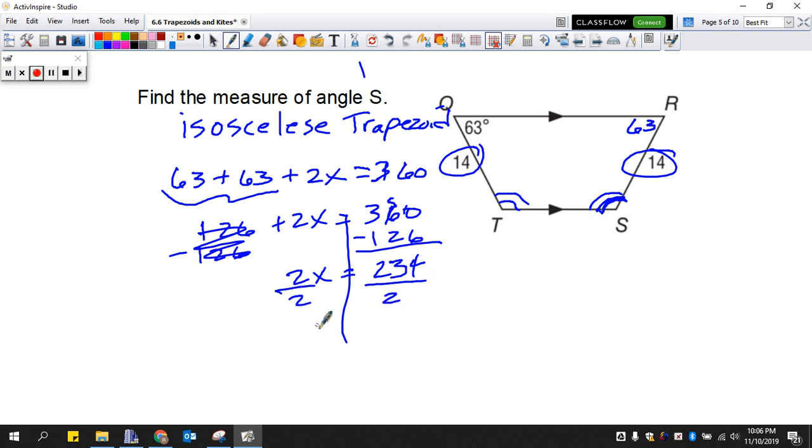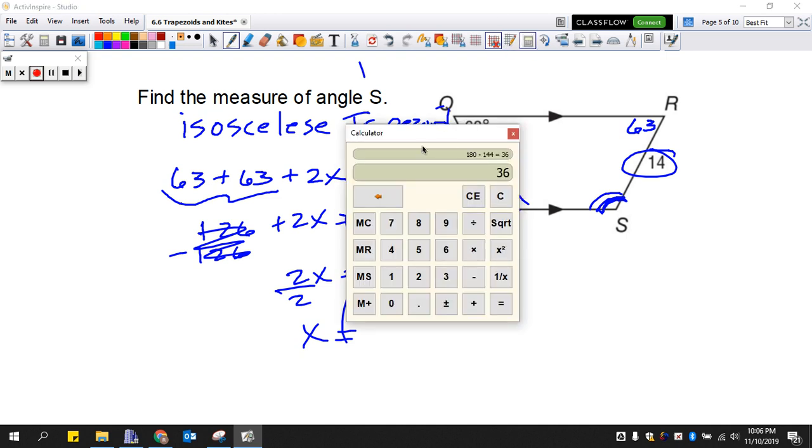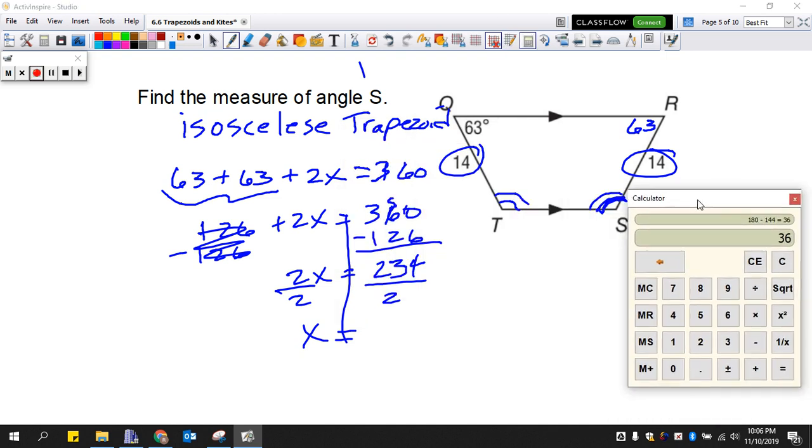X is equal to, and I'm going to use a calculator here, 234 divided by 2 is 117. And if we look here, we can see that these two angles are indeed obtuse angles, so 117 would make sense.